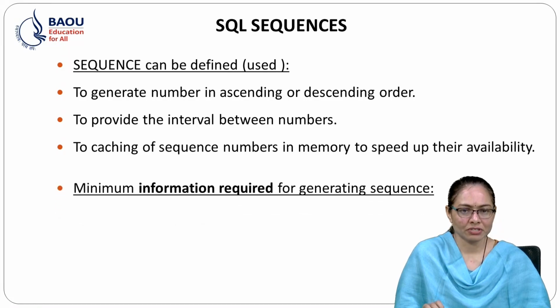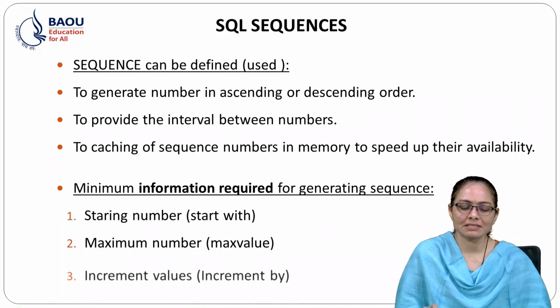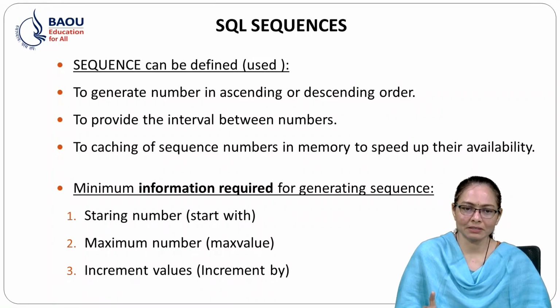The minimum information required for generating a sequence is that if we create a sequence, then the starting number is compulsory, the maximum number is compulsory, and the increment value is compulsory. If you want to create a sequence on a particular column in the table, then these three options are necessary: start number, max number, that is the last number, and increment value.